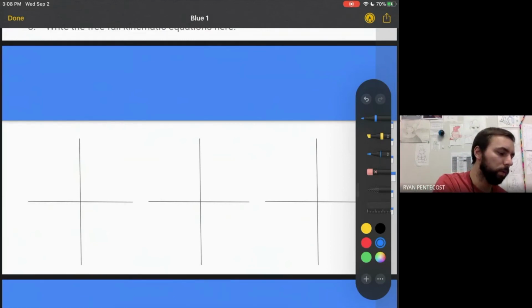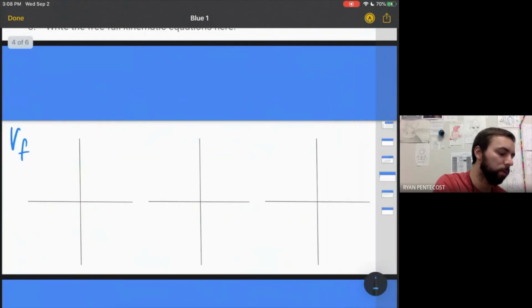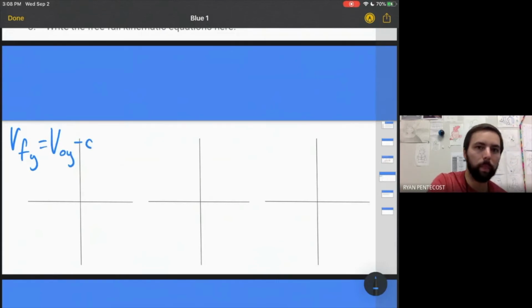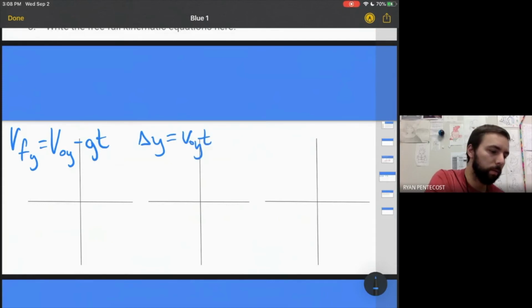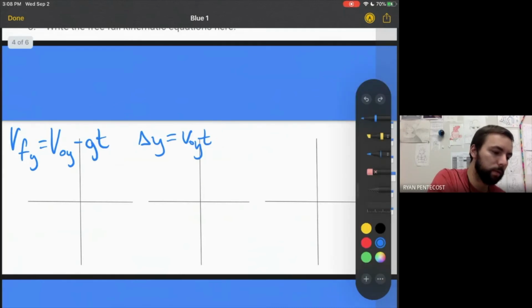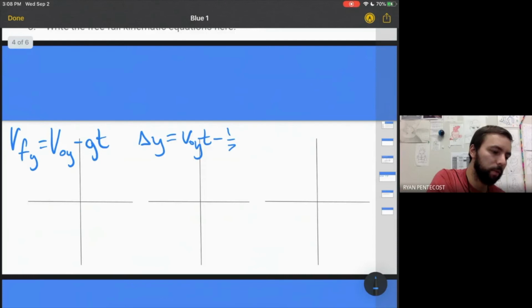So we start with V final in the y direction is V naught in the y direction minus GT. Okay. Next blue equation, you've got delta y equals V naught y t minus, not plus, minus 1/2 GT squared.